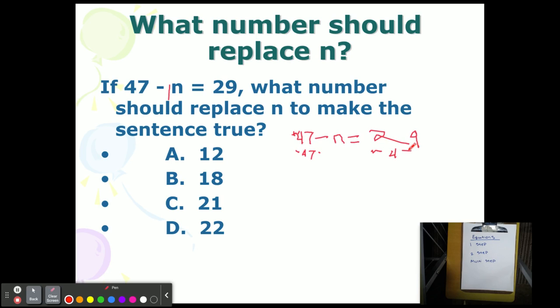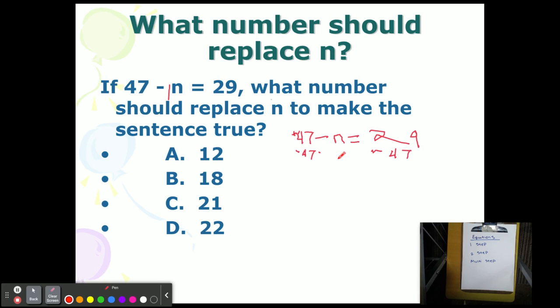Okay, now can you take 29 minus 47? Yes, you can. You're going to get a negative number. So when I go to my calculator, if you don't know what that is just by looking at it, then you would just put in your calculator 29 minus 47, and that's going to give you a negative 18.